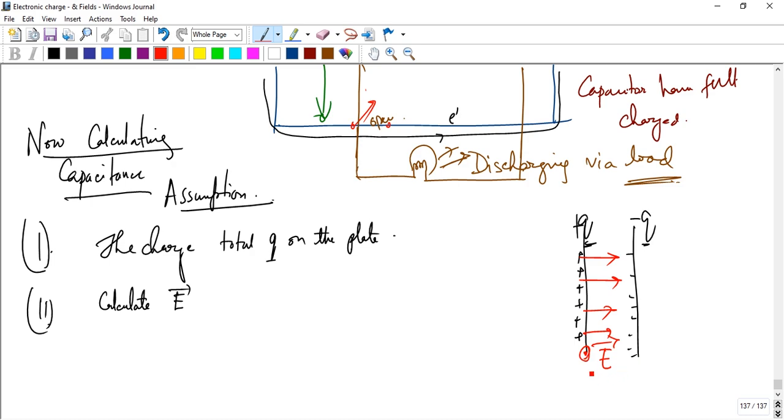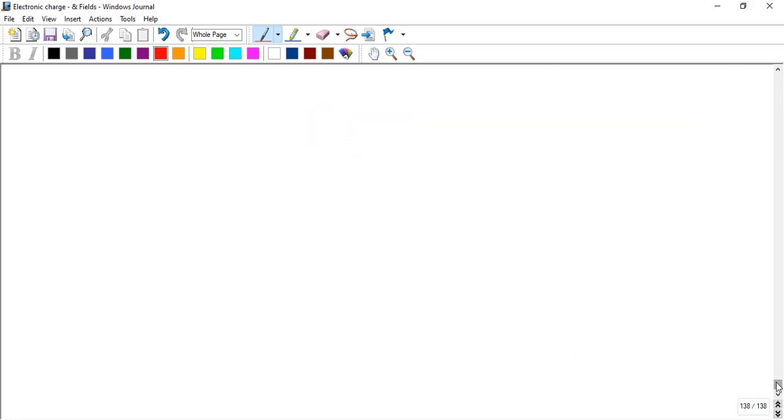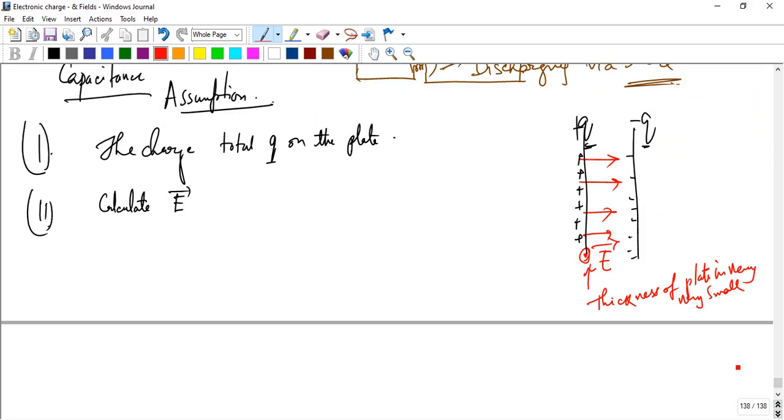The thickness of the plate is very, very small. That's very important. Now, calculate the electric field.